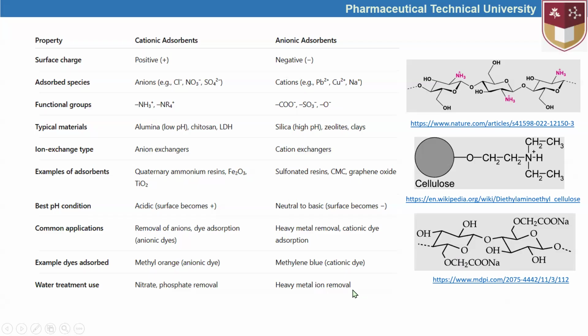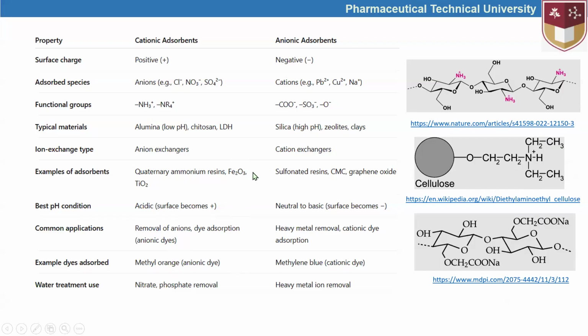They can be kept in the system by using carboxymethyl cellulose, or similarly, nitrate or phosphate ions can be kept in column chromatography that uses DEAE, diethylaminoethyl cellulose, or chitosan.